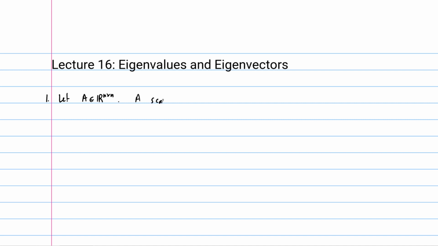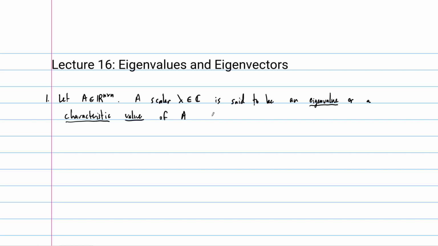A scalar lambda, which we'll see could be a complex scalar, is said to be an eigenvalue, or sometimes called a characteristic value, of the matrix A if and only if, every definition is an if and only if, right?